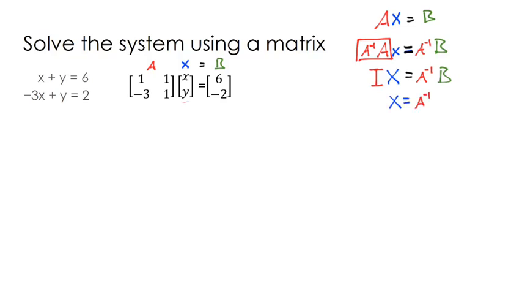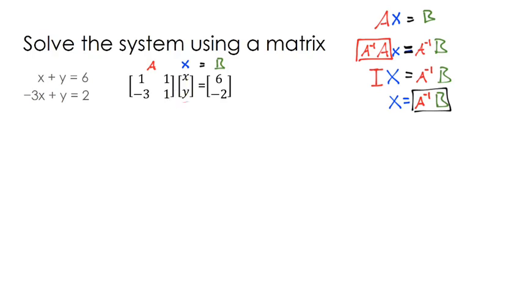It doesn't change the value of a matrix to multiply it by the identity. These symbols may throw you off, but here's the moral of the story. In order to figure out matrix X, which is the solution to our system, we need to multiply A inverse times B. If I can multiply the inverse of this matrix times this matrix, that's going to give us the values for X and Y.